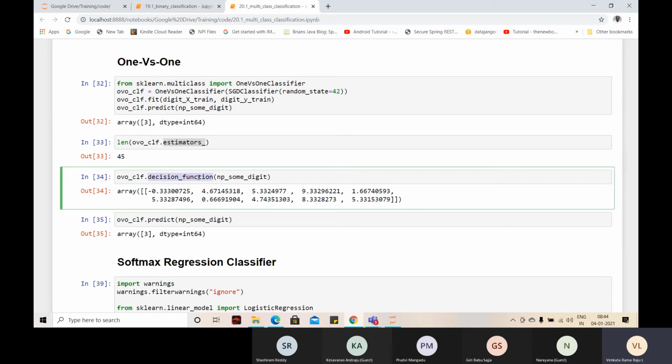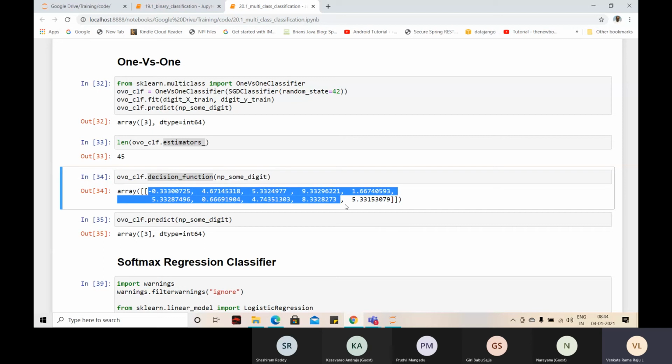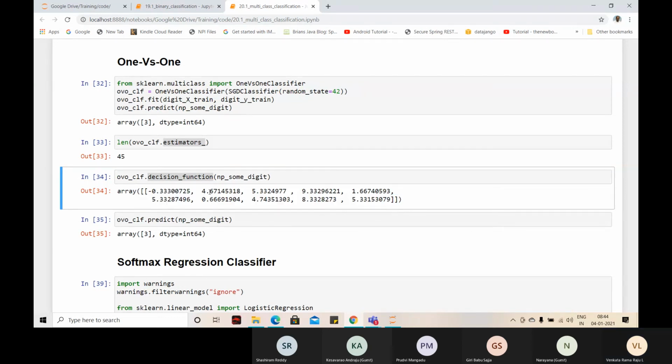See this here, decision function. This is actually giving positive values. One negative value and the rest are positive values. I think the decision boundary came in such a way that the record is falling on a positive side for most of the classes, but out of all those, it will have the highest score for the class which it belongs to.